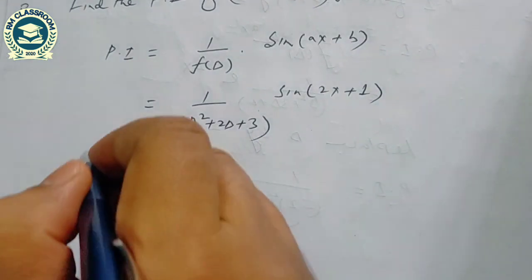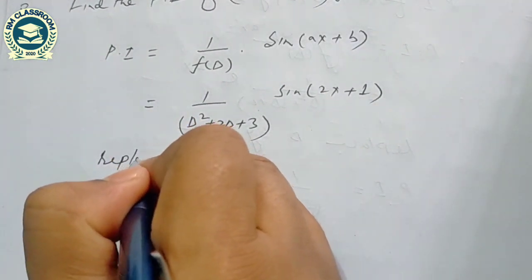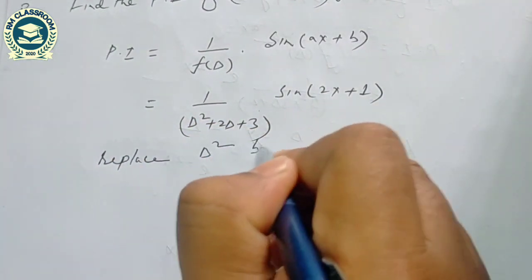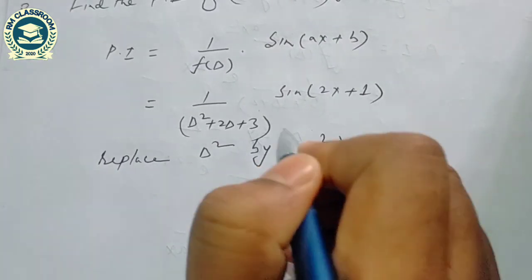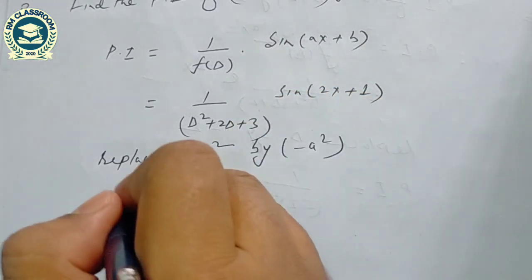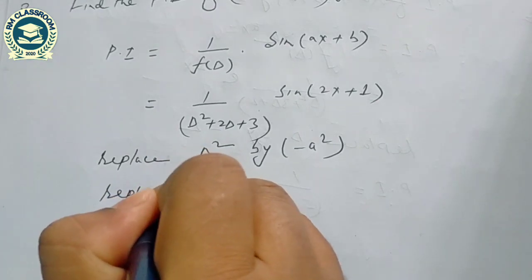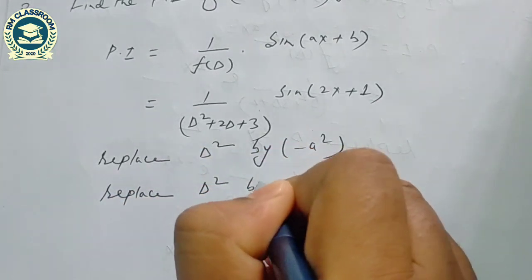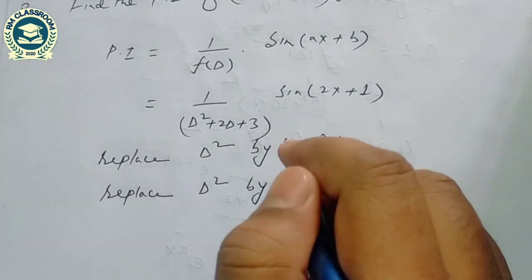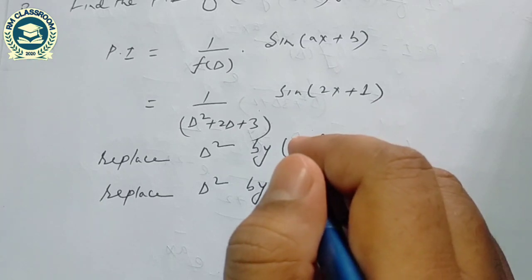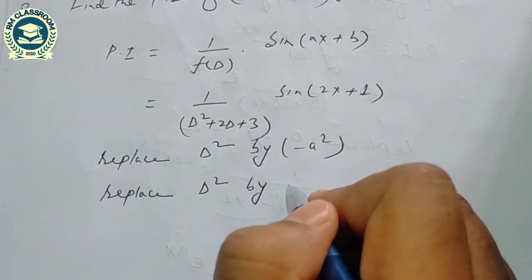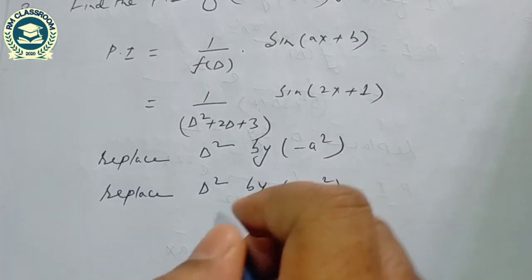So replace D² by -a², where a is 2, so -2².